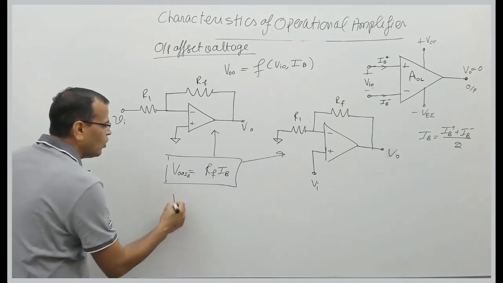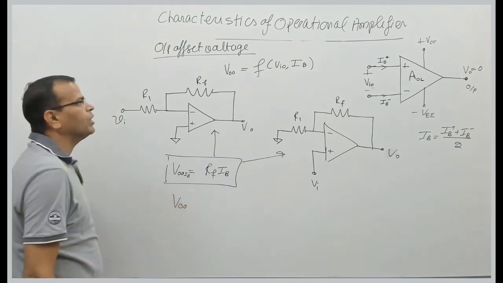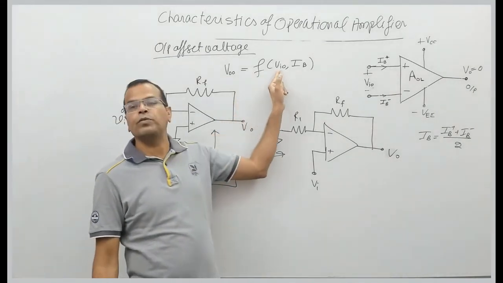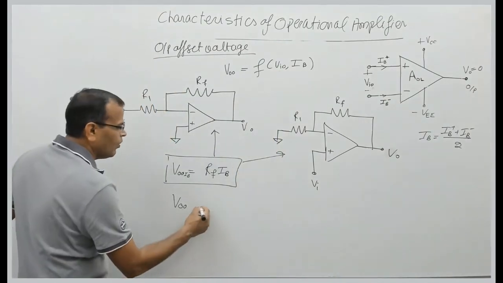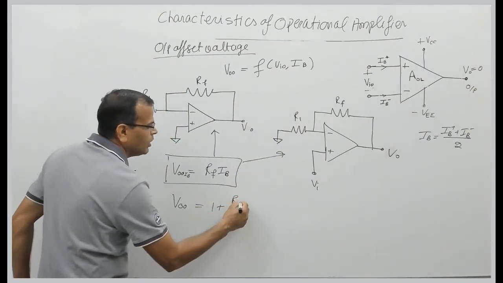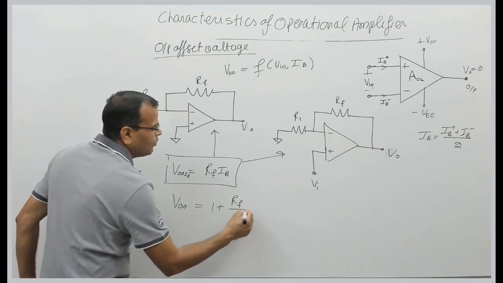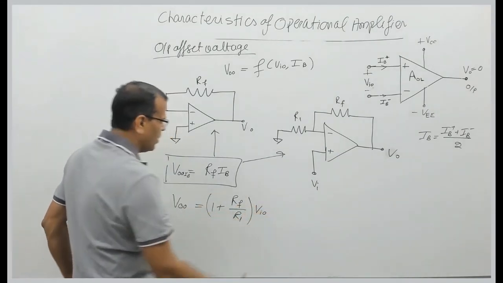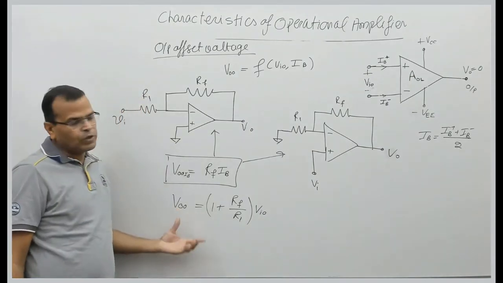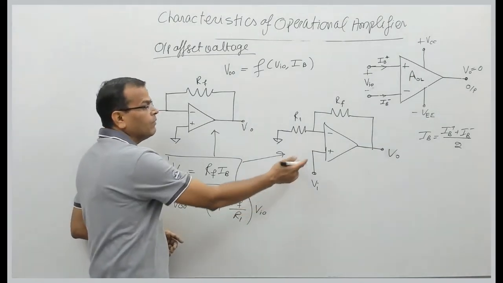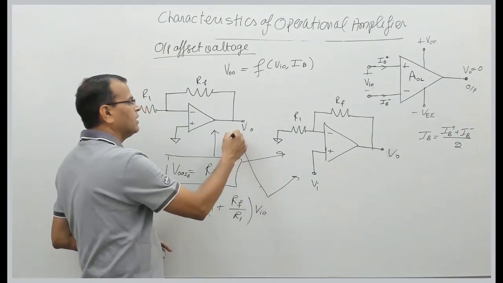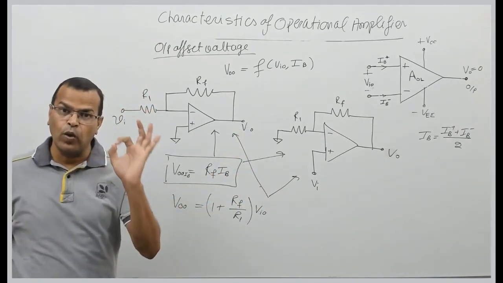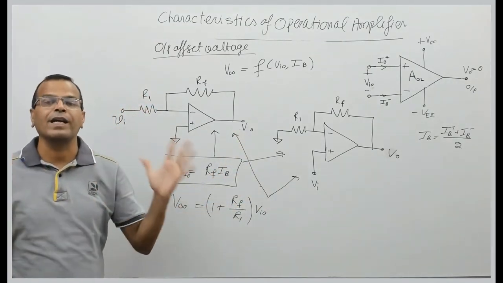Now let us talk about output offset voltage because of the input offset voltage. The expression of output offset voltage because of input offset voltage is given by this, and that is again for both circuits, inverting as well as non-inverting amplifiers.